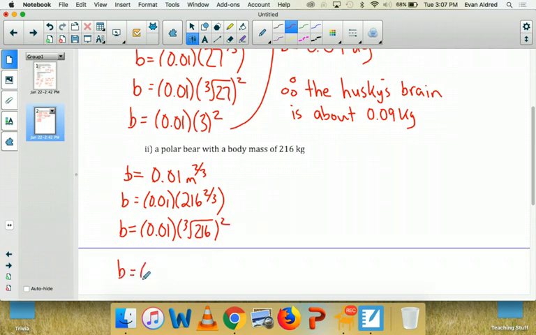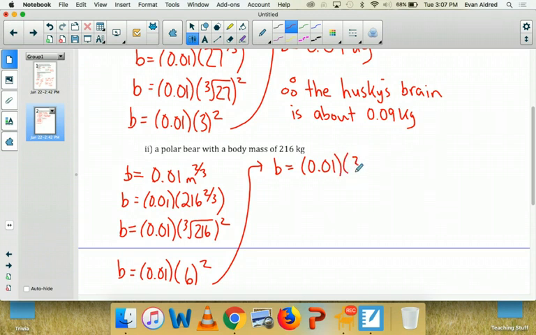Well, we know the cube root of 216 is 6. So we're going to need to square that 6, which is going to give us 36. So 0.01 multiplied by 36 gives us 0.36 kilograms. And that makes sense.